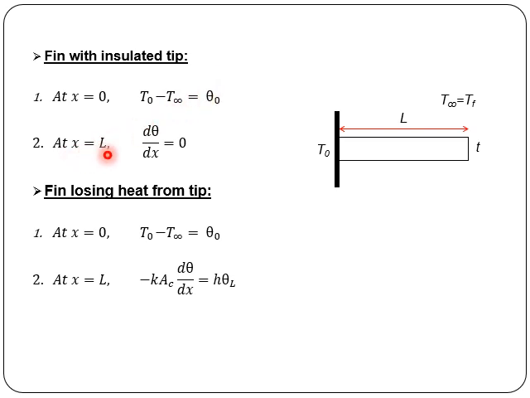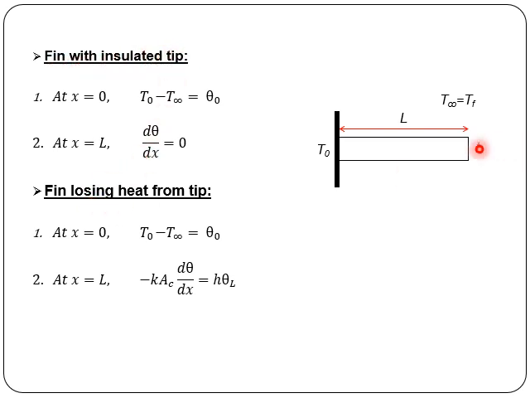But at x equal to L, now T is not equal to T infinity. Since we are insulating this tip, d theta by dx is equal to 0. That is, conduction or convection is 0 from that surface. So these are the two conditions for the fin with insulated tip.